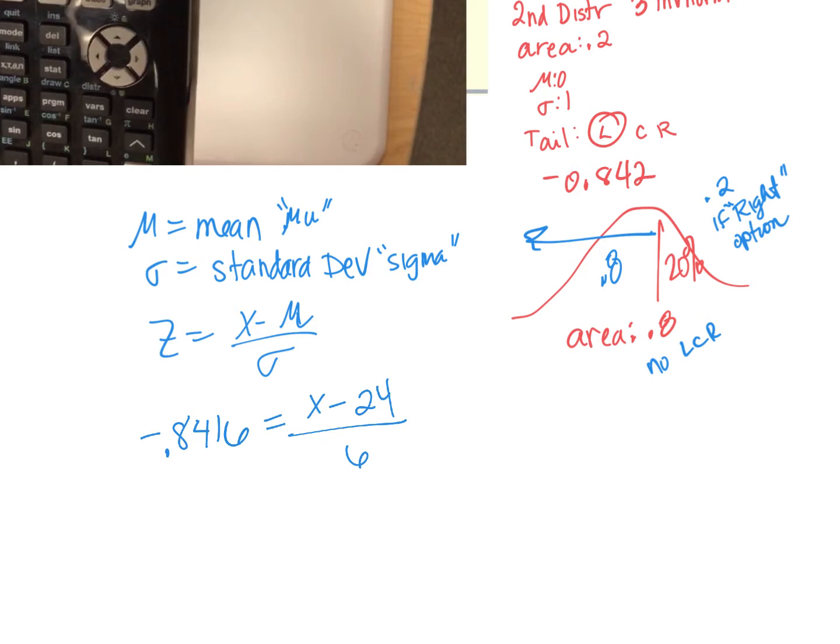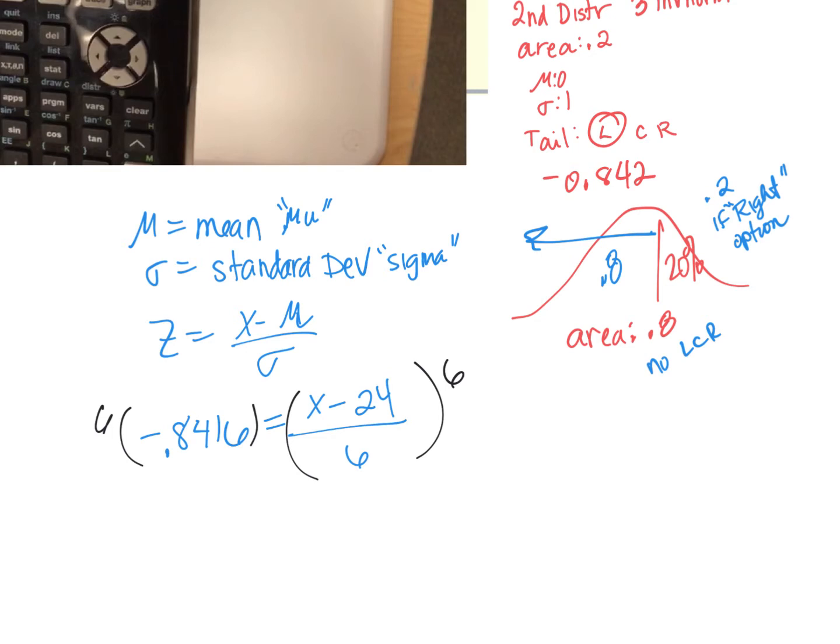That's some pretty basic algebra. Hopefully we can solve this. Multiply both sides by 6. And since you have it in the calculator, I just hit times 6. I don't round when I am doing the calculations in my calculator.